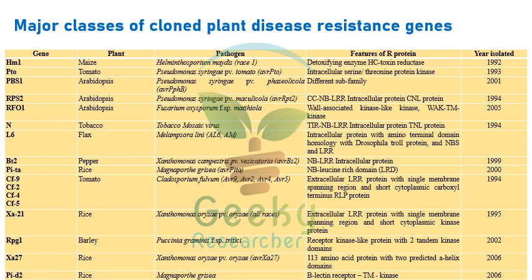N is from tobacco, with the pathogen tobacco mosaic virus. L is from flax, against flax rust. L6 confers resistance against Melampsora lini. These are the major classes of genes identified in plants that confer resistance to the pathogens given here, and their years of isolation are given here.